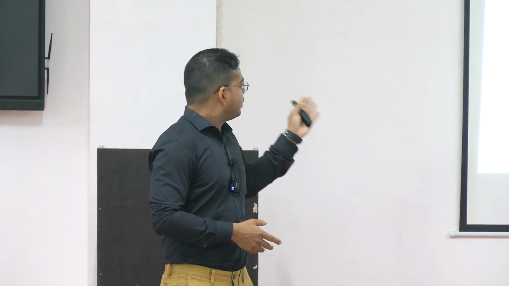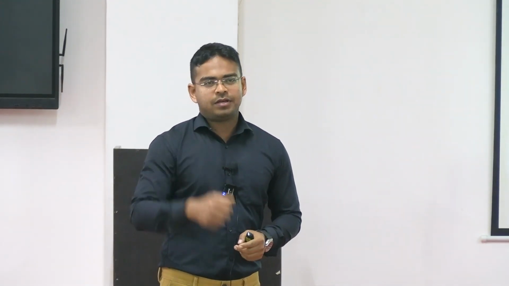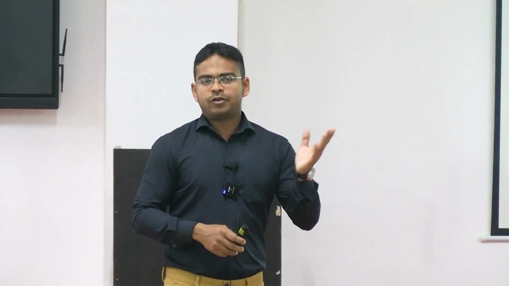Then lastly, you have to do surgeries like fasciotomy or escharotomy. Fasciotomy is done mainly for compartment syndrome. And escharotomy, you do an incisional surgery to prevent any breathing difficulty or to decompress any compartment.